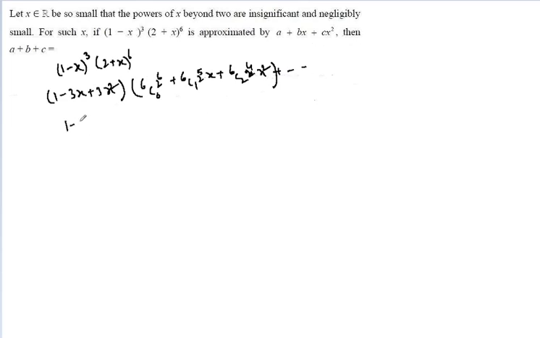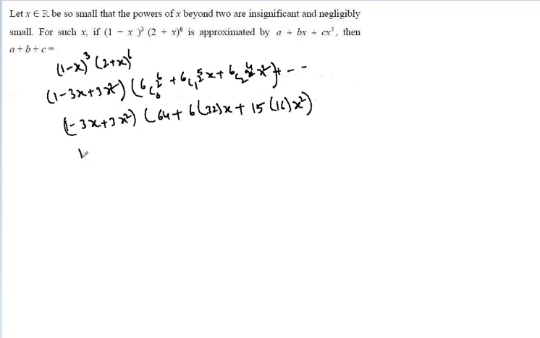That is 1 minus 3x plus 3x square, times 6C0 into 2 power 6. 6C0 value is 1, 2 power 6 is 64, plus 6C1 value is 6 into 2 power 5, that is 192x, plus 6C2, 6 into 5 by 2, that is 15, into 2 power 4, that is 16, into x square.